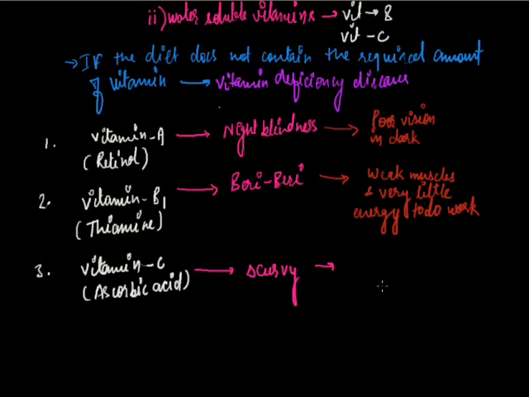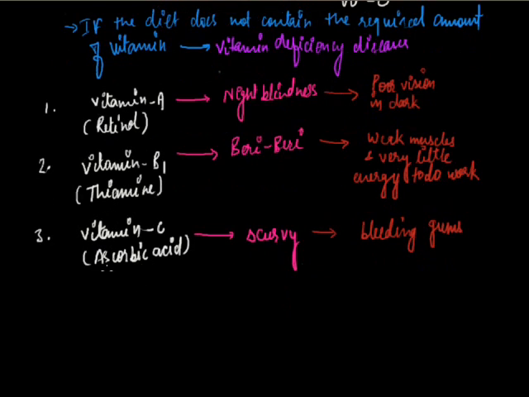Scurvy is a disorder of gums, and the symptom of scurvy is bleeding gums. We can get vitamin C in a very high amount from citrus fruits like orange, lemon, etc. And in a fruit called amla, vitamin C is present in a very high amount.